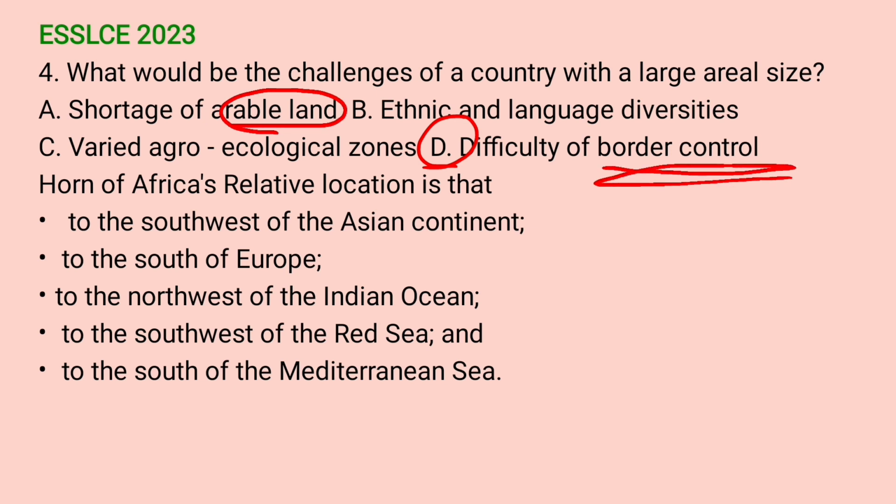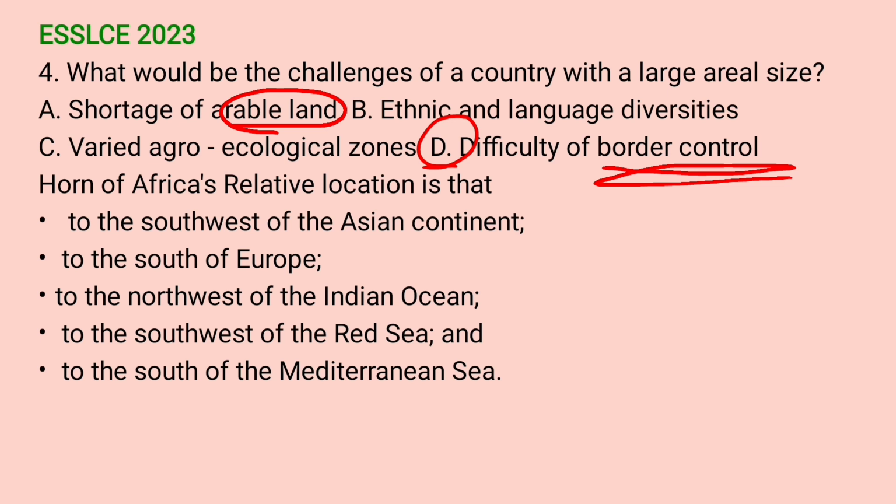Because countries which have large borders need a high number of defensive forces, and since that is needed, they also need a high budget for defensive forces. So this is the difficulty of having large land masses.